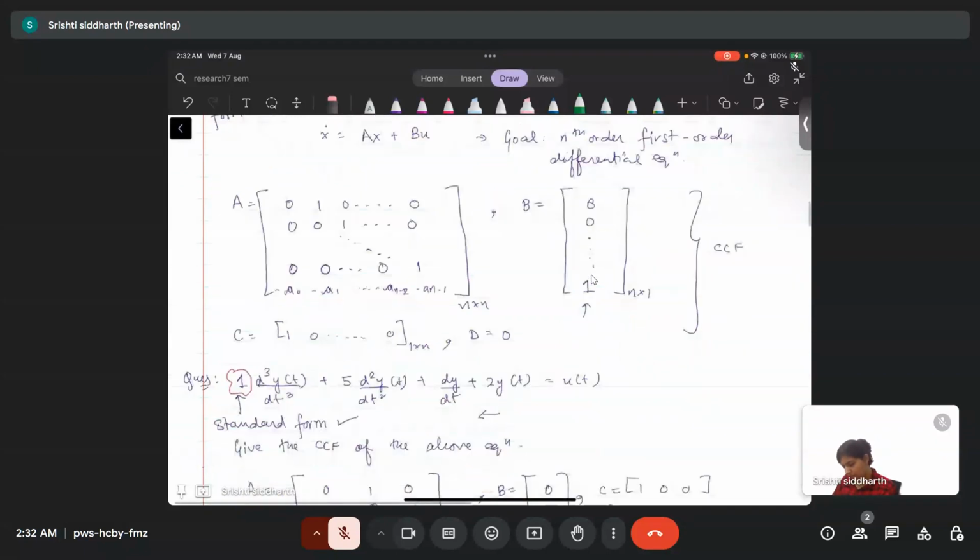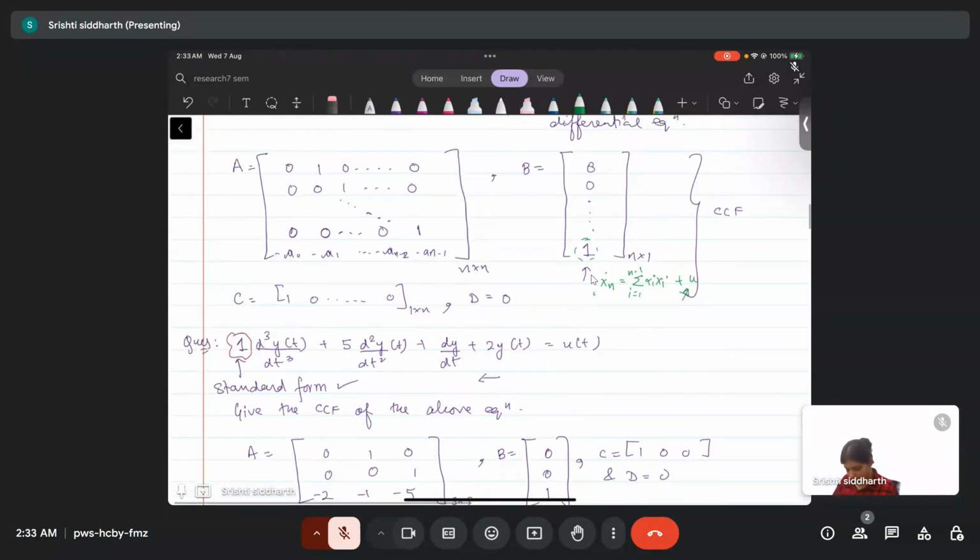Then B is simply all zeros except 1. So this means that the state xn dot has some summation alpha i x i, i ranging from 1 to n, plus u. So the dynamics of the last state is affected by the input u.